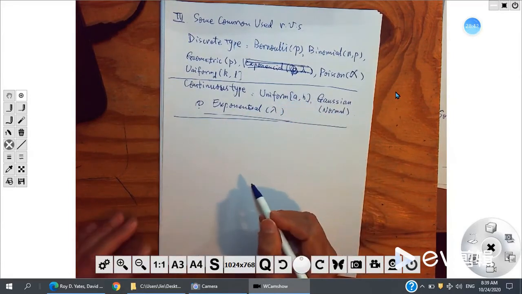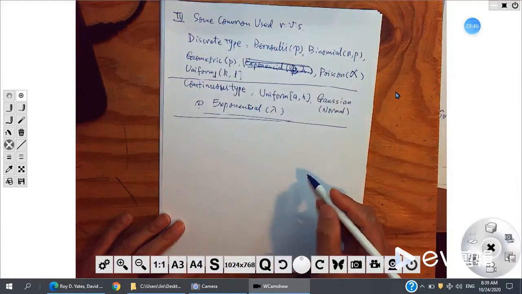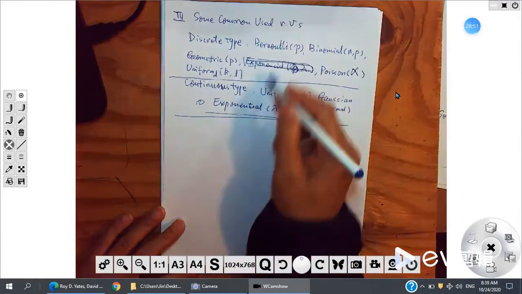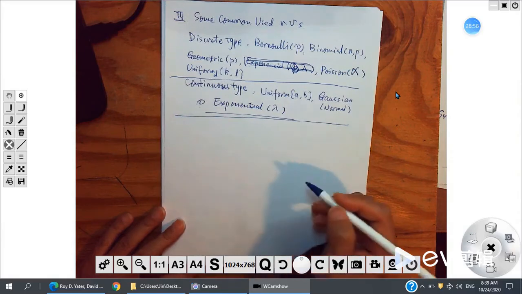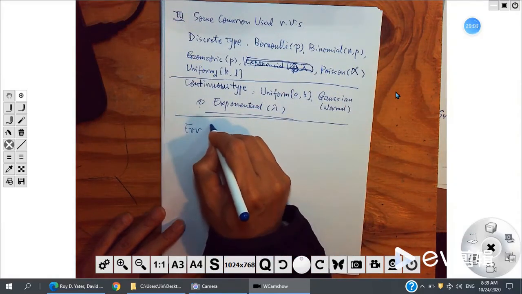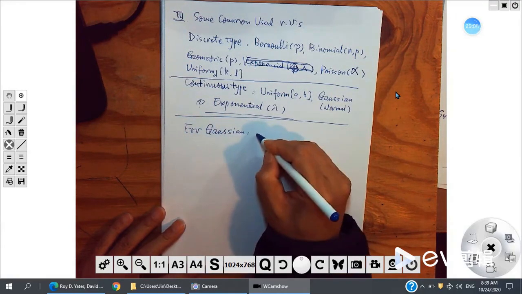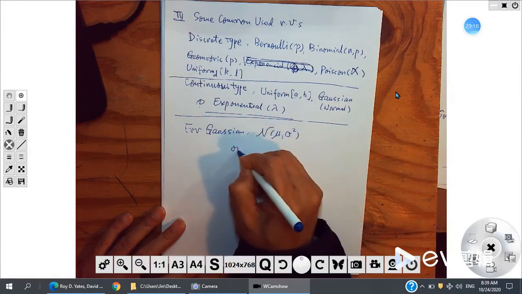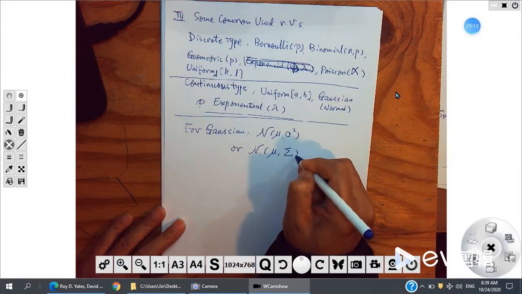Actually, in the textbook, they have more, but I just go over these during our class. All right. But these are just for a single random variable, and we also have multiple random variables. For Gaussian, we have the normal distribution with mu and sigma square, or the normal distribution with mu and matrix sigma.